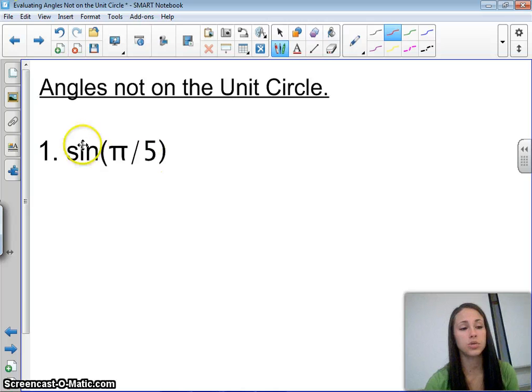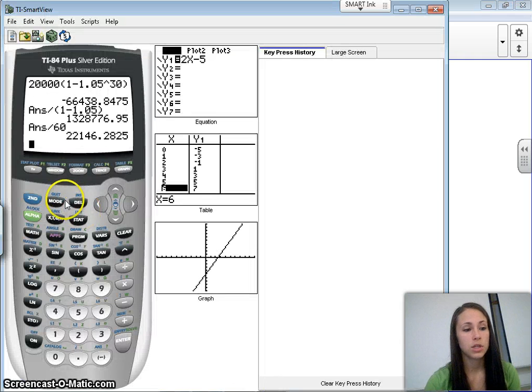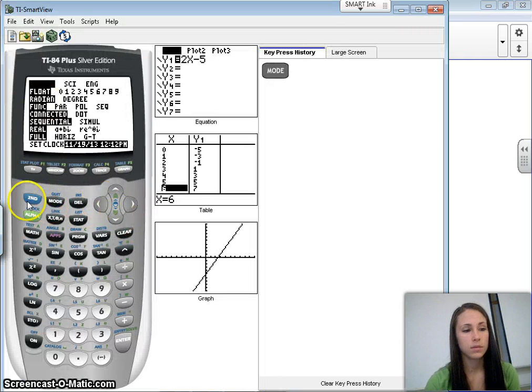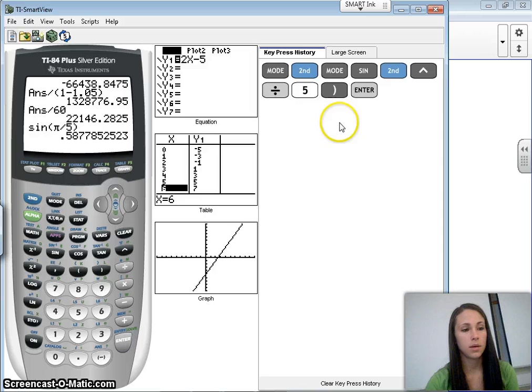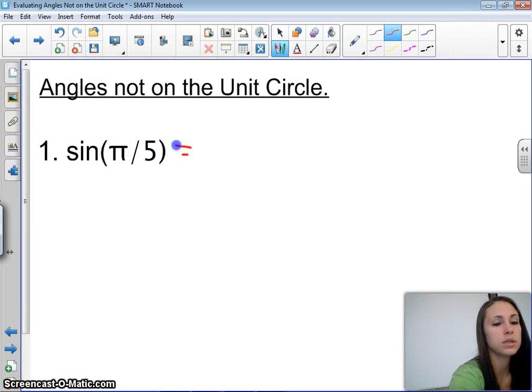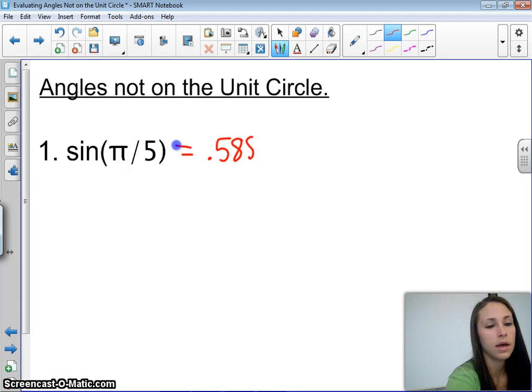And so that's going to let you know I need to use the calculator. And so this pi over 5 is an angle that's in radians. And so I'm going to make sure my mode is in radian. And then to do the sine of pi over 5, I'm just going to type that in. So the sine of pi over 5 is just going to be 0.588. And I'm going to round that to 3 decimal places. So 0.588.